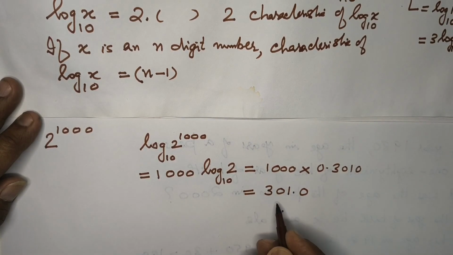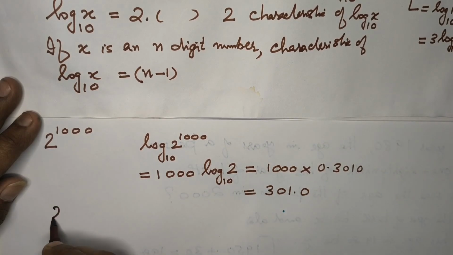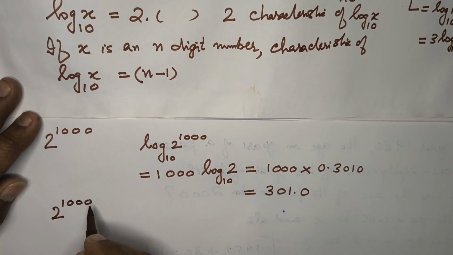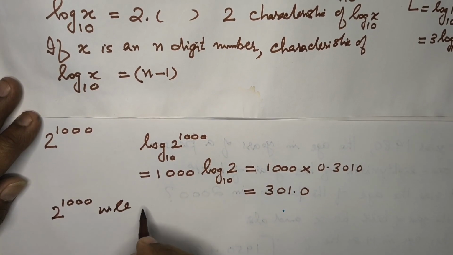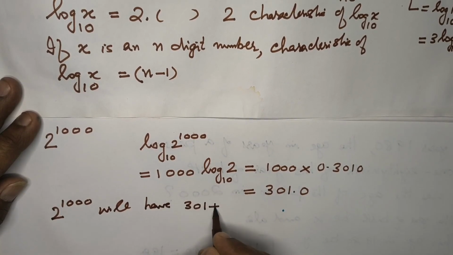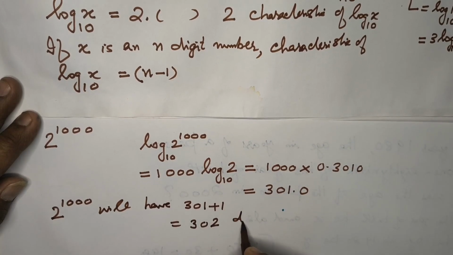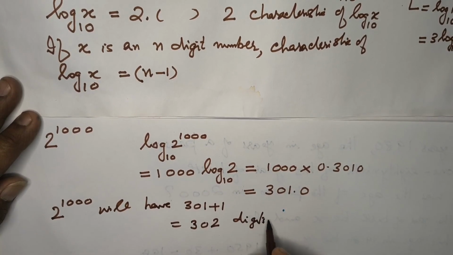Rather, if 301 is the characteristic, as I said before, 2 power 1000 will have how many digits? 301 plus 1 equal to 302 digits. Can you see this?